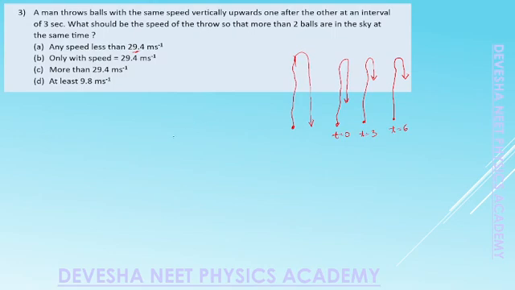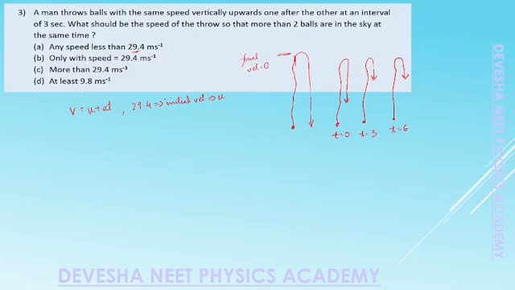So we know that v is equal to u plus at. If 29.4 was the speed at which the ball is thrown, then this is the initial velocity, equal to u, right? And at the top, when the ball has reached, the final velocity is equal to 0, right?